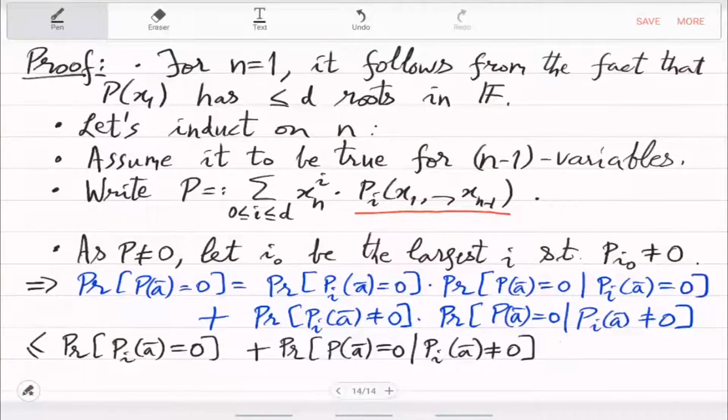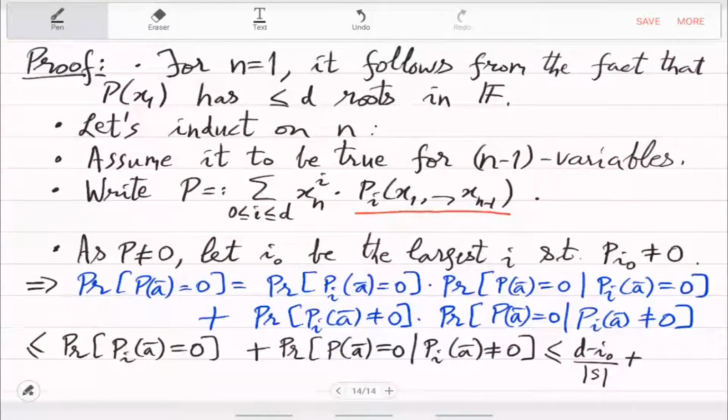And now what are these probabilities? So what is the probability that Pi vanishes? Well, now Pi is in one less variable, right? So you can use the induction hypothesis, and its degree is what? Its degree is at most d minus I0, divided by S. That's the probability of it vanishing on a random a bar.